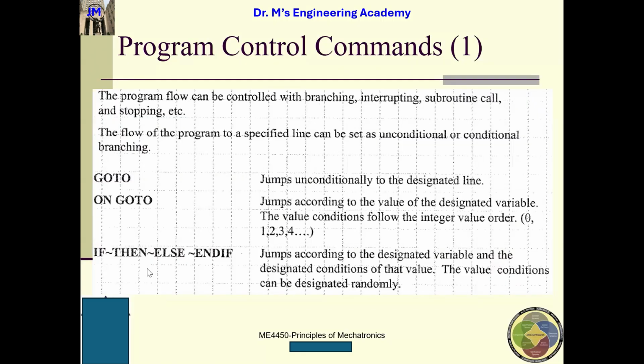The third one is if some condition is met, then you are going to do something, otherwise you go do something else, and then end if. If you have C++ or C programming language experience, you will be very familiar with this structure. If some condition is met, then you do something, otherwise you do something else. Finally, end if. Questions so far?